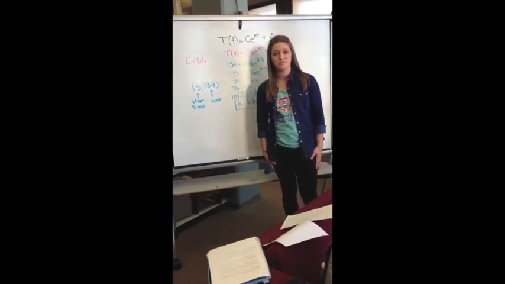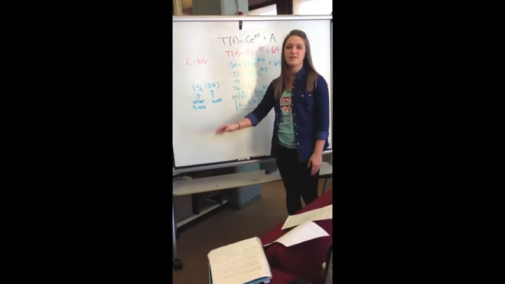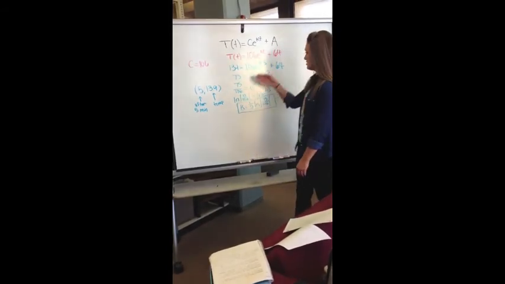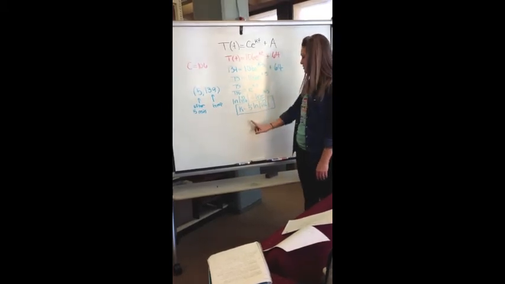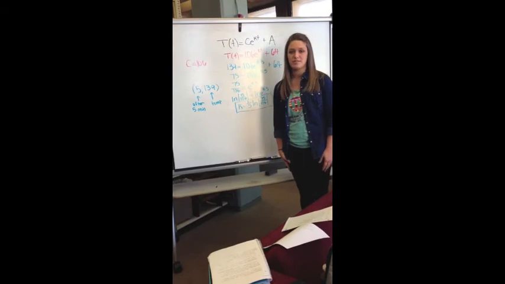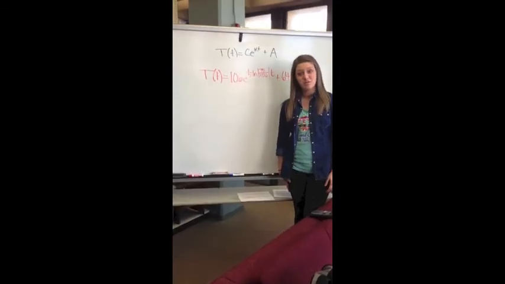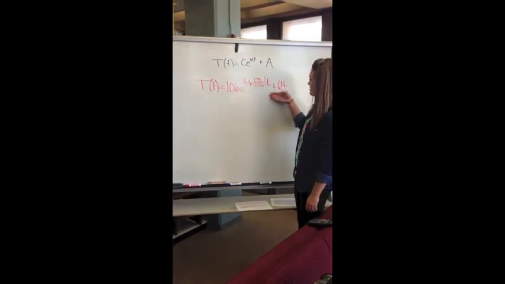We can then use our second set of points, right here, 139, to solve for K, which is shown on the board, the math. And we found out that K equals 1/5 natural log of 75 over 106. After solving for both of our constants, K and C, our equation now looks like this.